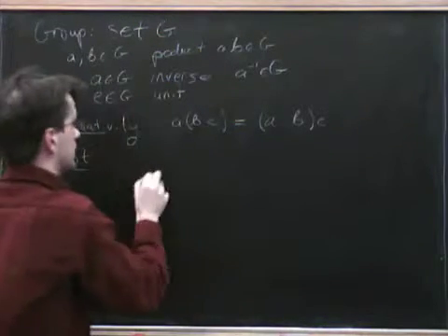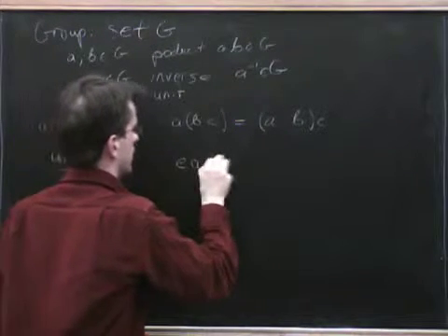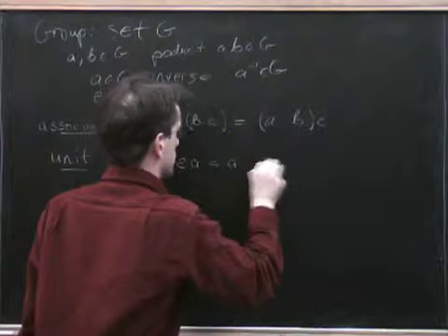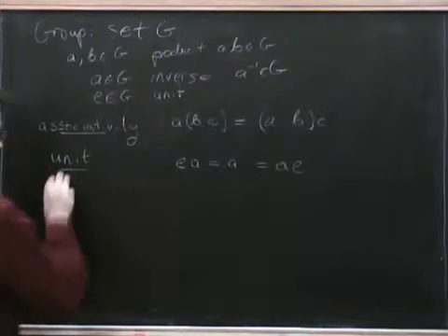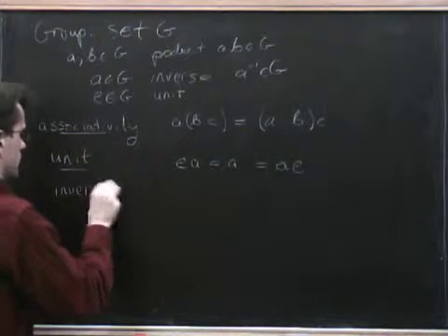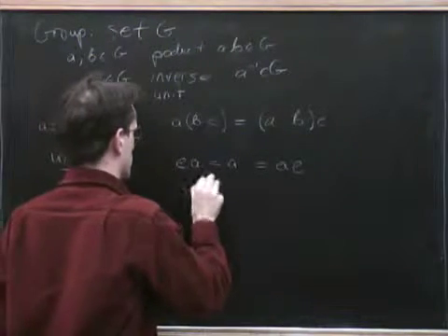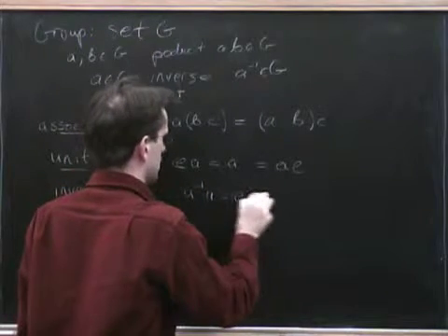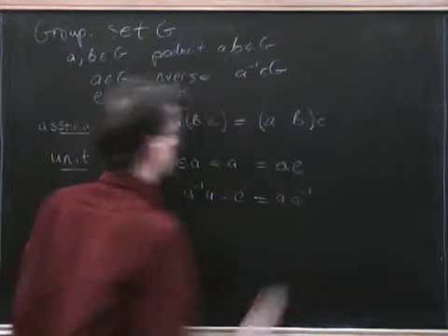The unit axiom says that E times A is equal to A, which is equal to A E. And then the inverse axiom says that A inverse times A is equal to E, which is the same as A times A inverse.